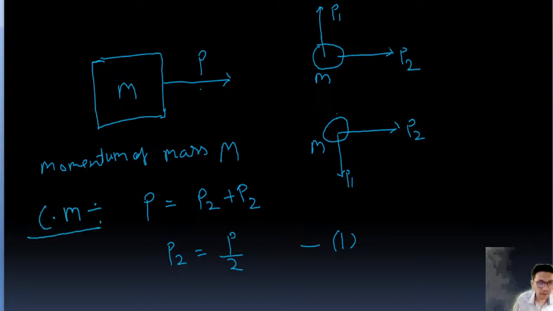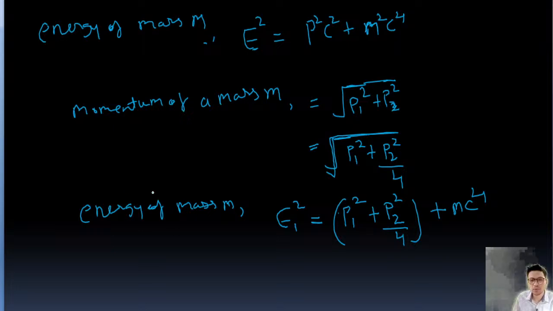So here we will use conservation of energy. Energy is conserved, right? So this E square is going to be equal to, because there are two particles, E1 square plus E1 square, so 2E1 square.